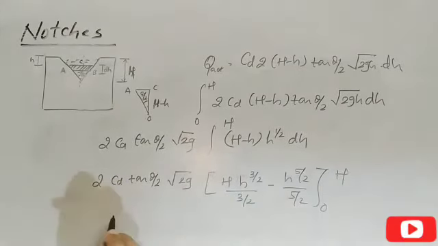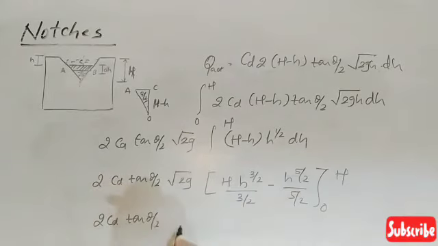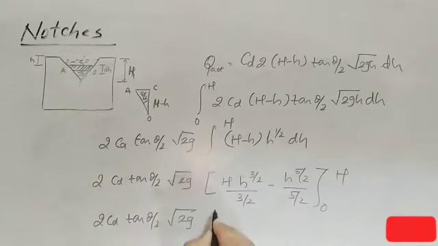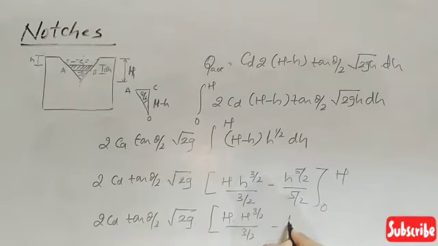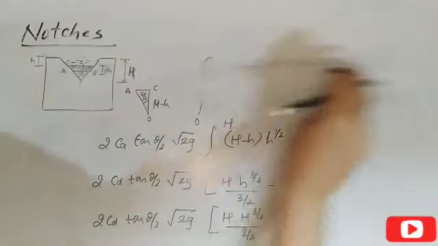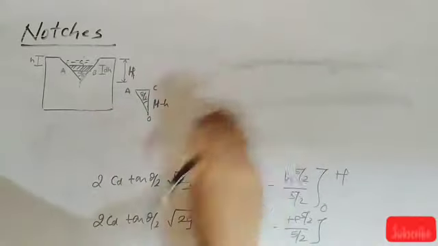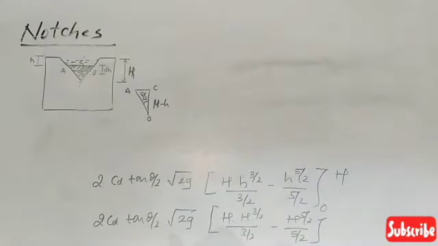Now 0 to H is to be substituted, with 2 Cd tan theta by 2 root of 2g. So if I substitute h equals H, we get H into H to the 3 by 2 divided by 3 by 2 minus H to the 5 by 2 divided by 5 by 2. Again I will erase this step for further simplification. Now this is our equation.